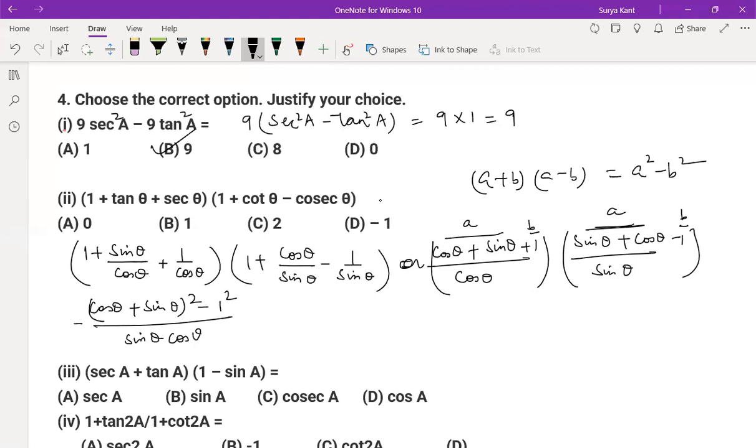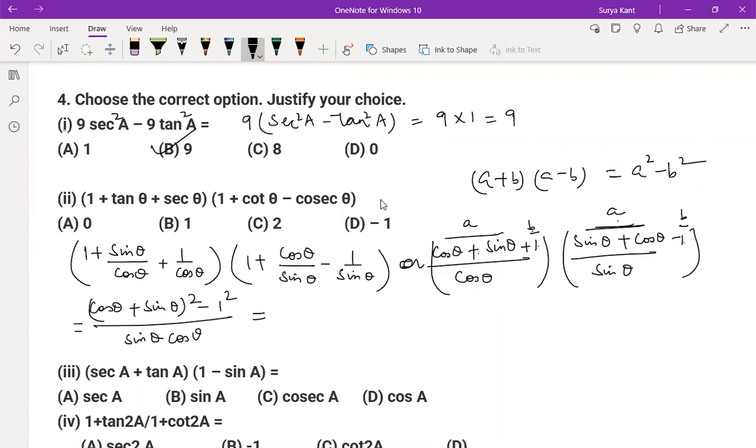Is it clear till here or not? This complete part, cos theta plus sine theta, is A and 1 is B. Again, sine theta plus cos theta is A and 1 is B.